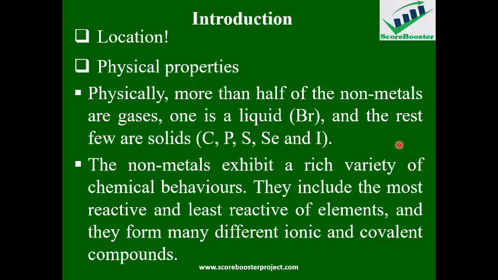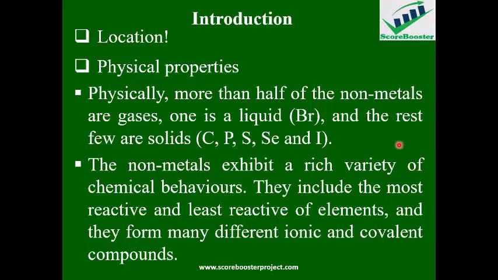In the non-metals, we have the most reactive element, that is fluorine, F, the number 9 element. Then we have the least reactive of all the elements, and those are the noble gases. You can see that they have diverse chemical behaviors, and they form many different ionic and covalent compounds.